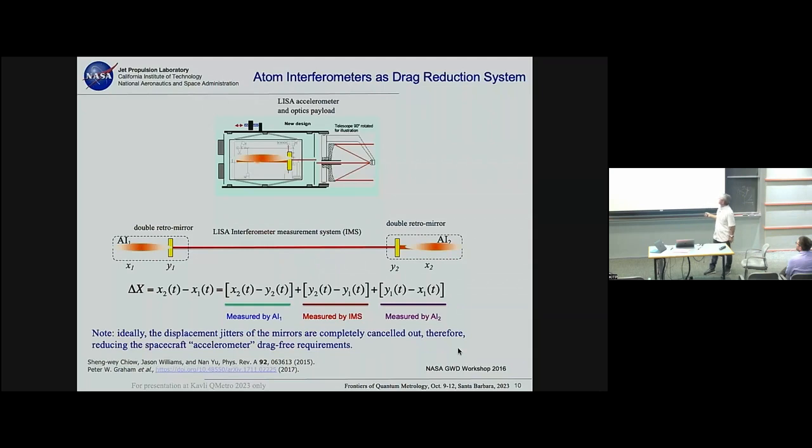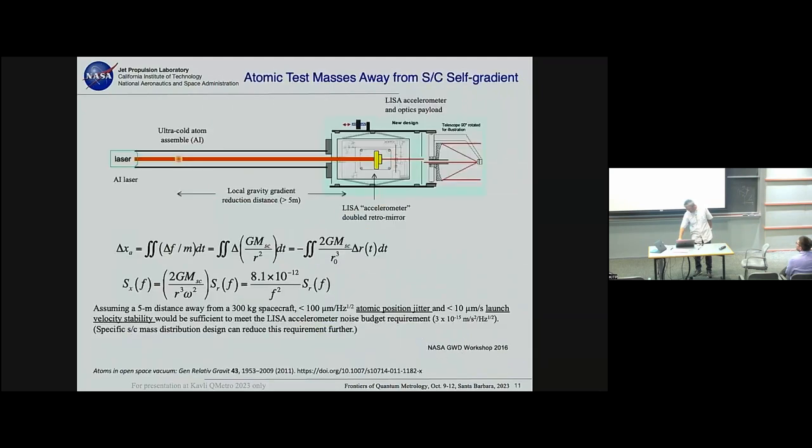And the way to get around that, I think first appeared in Jason Hogan's paper, is that since we are in space and deep space vacuum is very good, we can just push the atoms all into the space vacuum, far away from the spacecraft. If you do some calculation, you find that if I can push the atoms to 5 meters outside the spacecraft, then it's far enough.